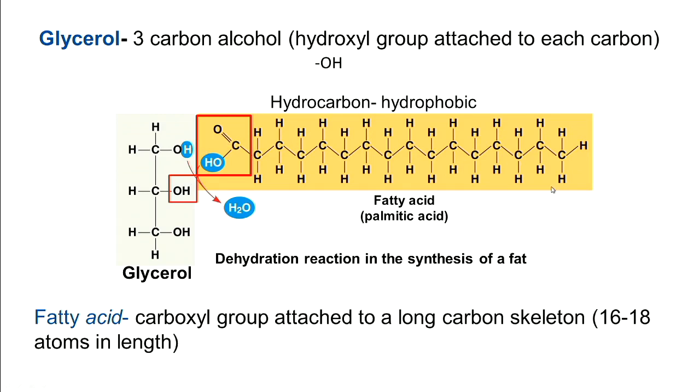This is called a fatty acid. Acid is key because it's telling you a functional group. In red, I've highlighted the functional group that behaves as an acid, the carboxyl group. Remember, it has a carbonyl and a hydroxyl. Okay, so it behaves as an acid. That's where it gets the name fatty acid. Why do we call it a fatty acid?